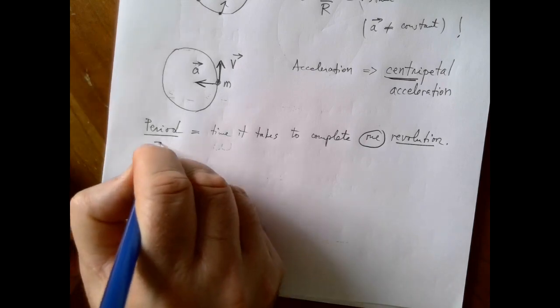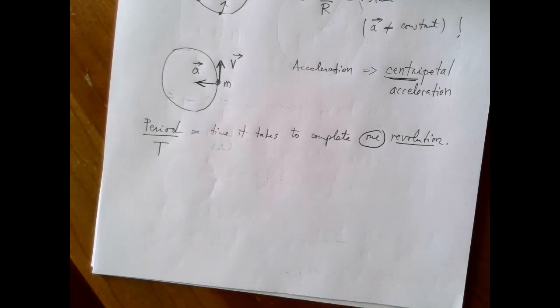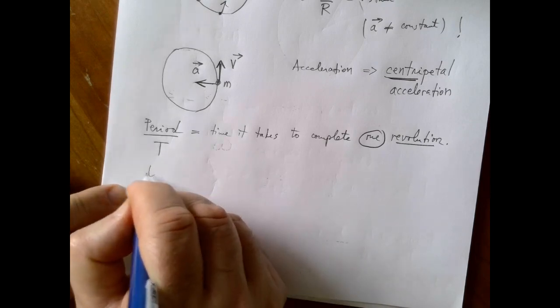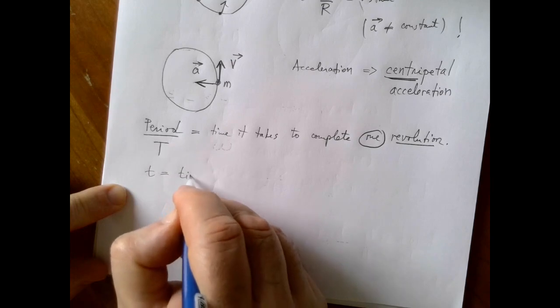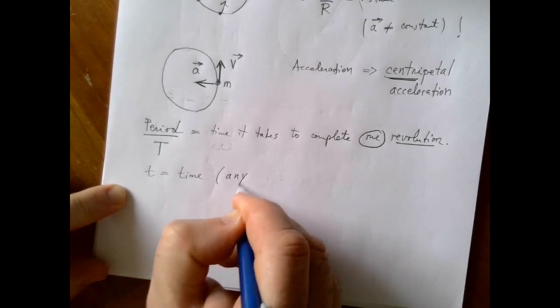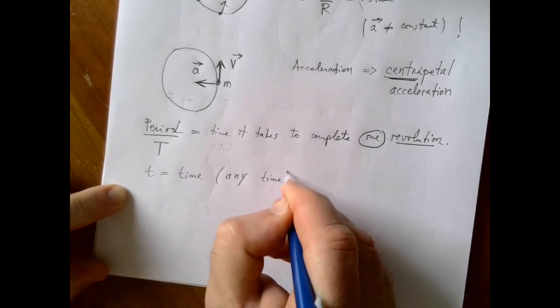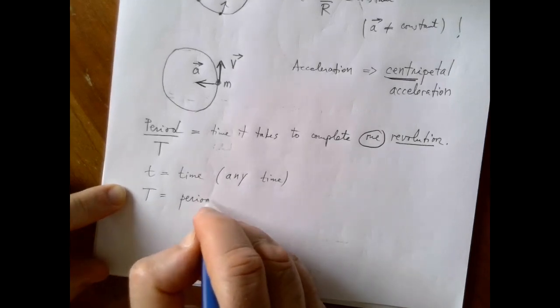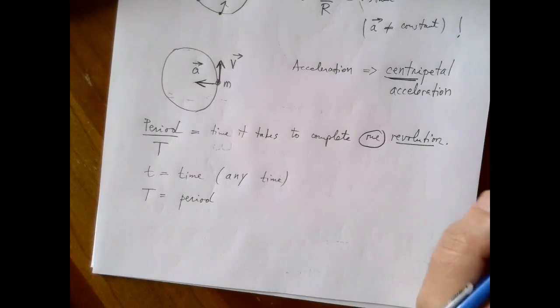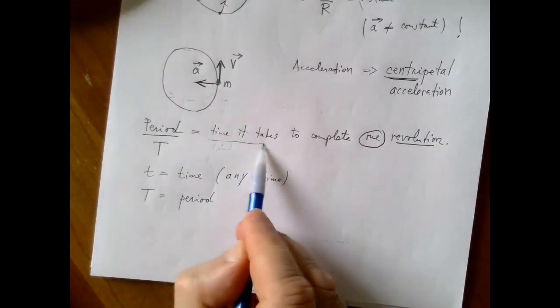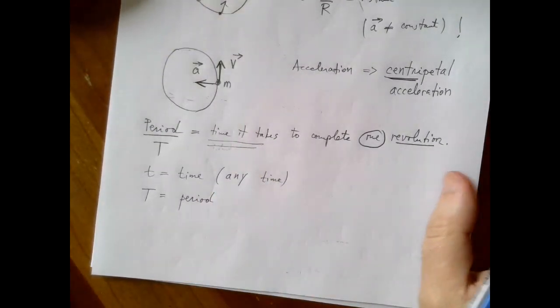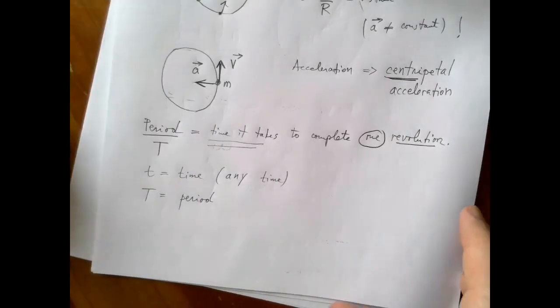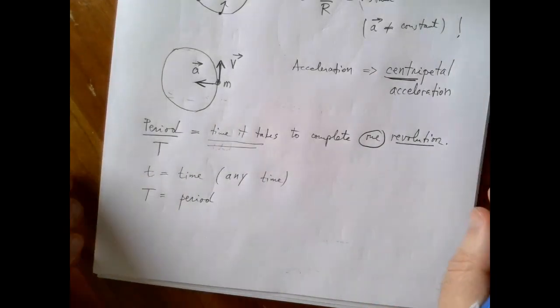And we are using the symbol big T. Little t, we reserve that symbol for time, for any time. Big T, we reserve the symbol for period. So a specific time, the time that it takes the object to complete one revolution.